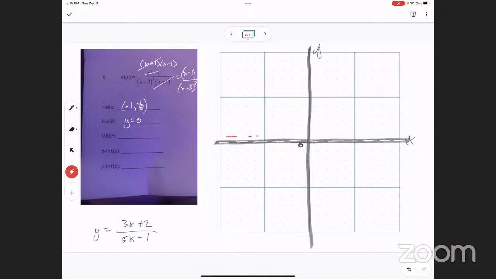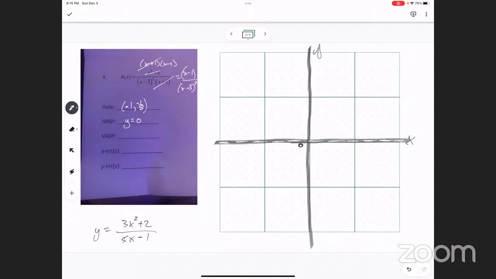The line y equals 3/5. All right. If the degree of the top is bigger than the bottom, like let's say this is squared, then there is no horizontal asymptote. There's a slant asymptote, but I don't think you need to worry about that yet. Okay. I don't think you're doing that, right? Yeah, no, we're not doing that yet. You just have to say none for horizontal asymptote in that case.